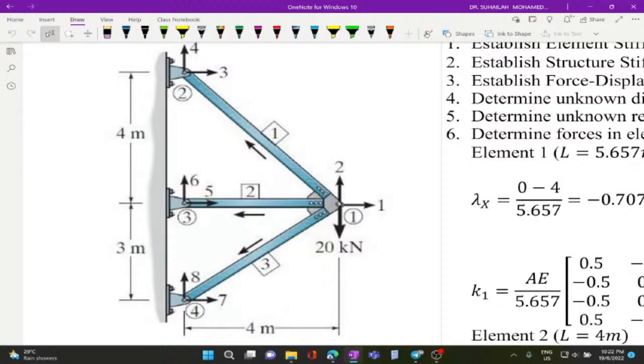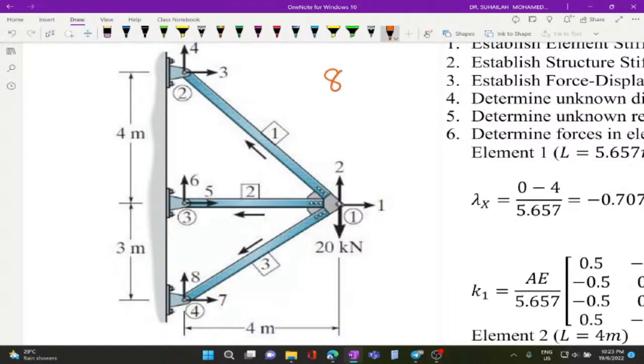Since there are 4 nodes, there are in total 8 degrees of freedom. In the diagram there are arrows as well, and the degrees of freedom are labeled from 1 to 8, where we label the degrees of freedom according to the unconstrained and constrained system.